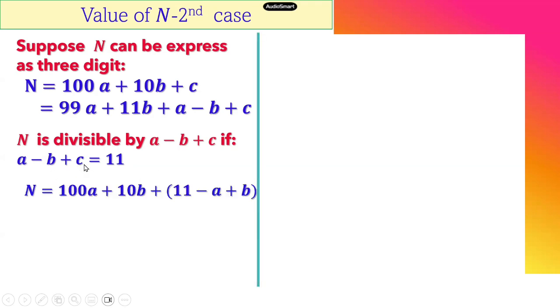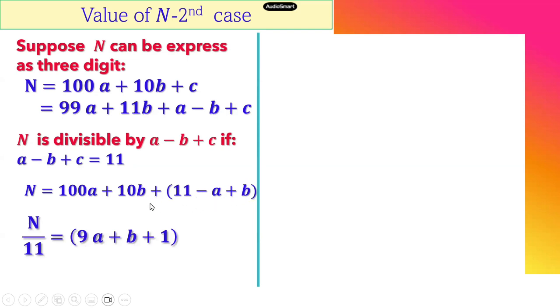Then from there we get c equal 11 minus a plus b. Again we convert it into two variables, and then n over 11 from here, because it is divisible by 11. So if you simplify that, then n over 11 will be 9a plus b plus 1. So here you see that the digits for n are a, b, and 11 minus a plus b.